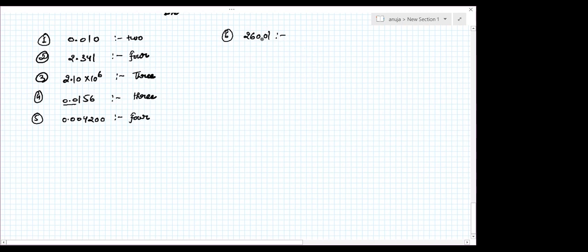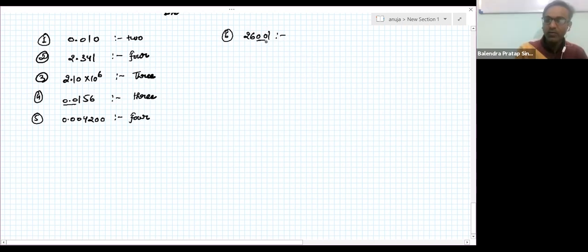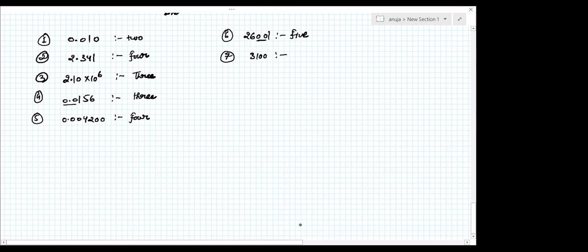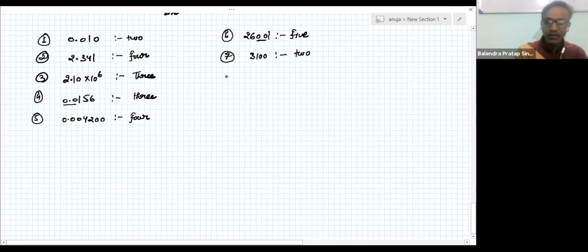Very good, because you have to consider the zero between two non-zero numbers. Question number 7 is 3100. How many significant figures here? 2. Very good. Next, question number 8: 130 into 10 raised to the power 3. How many significant figures here? 3. Okay.